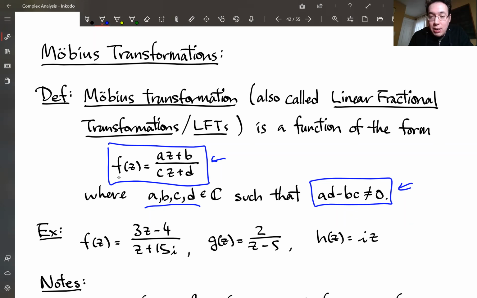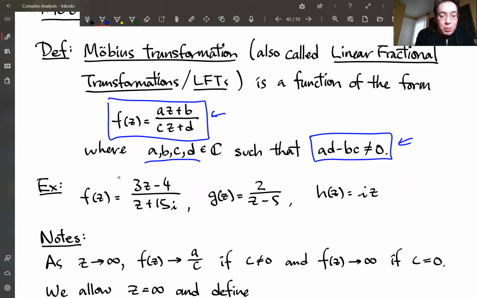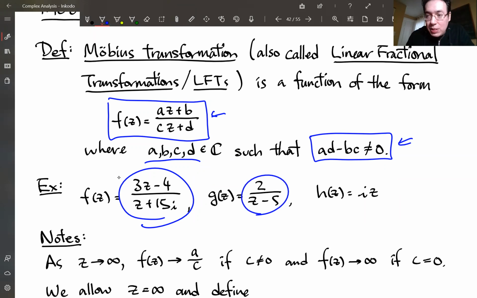Okay, so a Möbius transformation can look like that. Some of these coefficients can be zeros. If a is 0, you get no z in the numerator. And if c is 0, then you get a linear function.